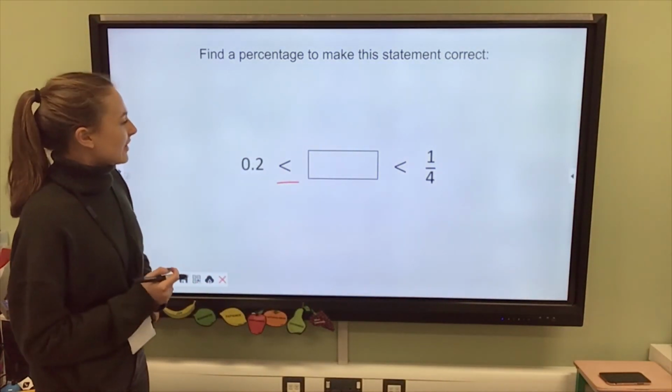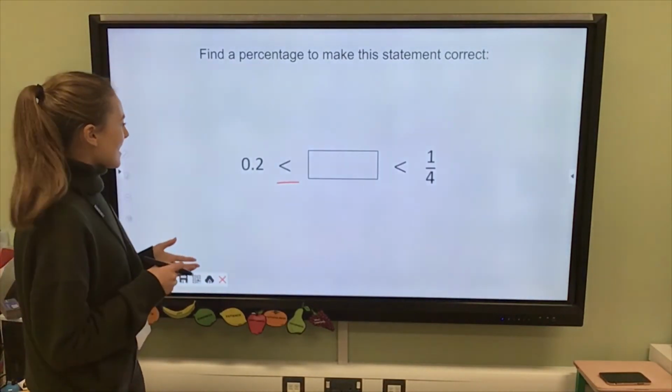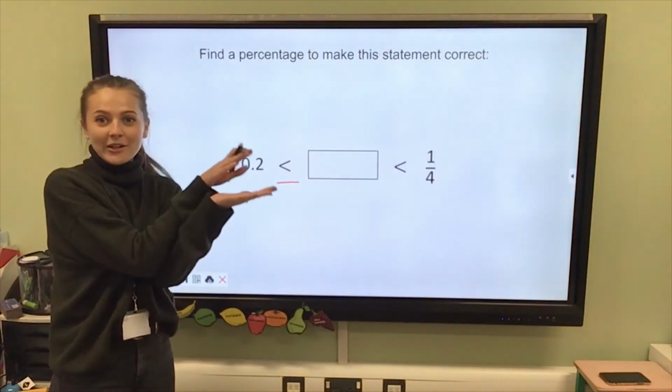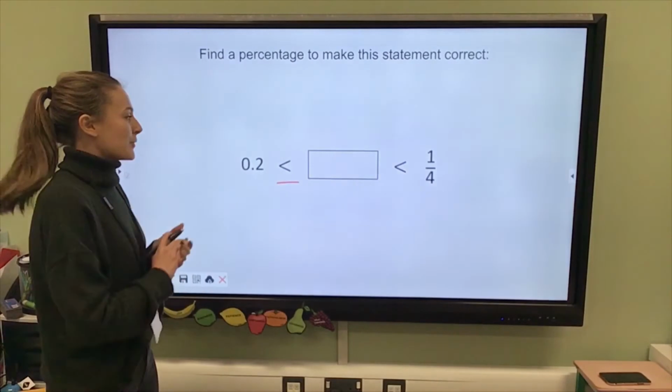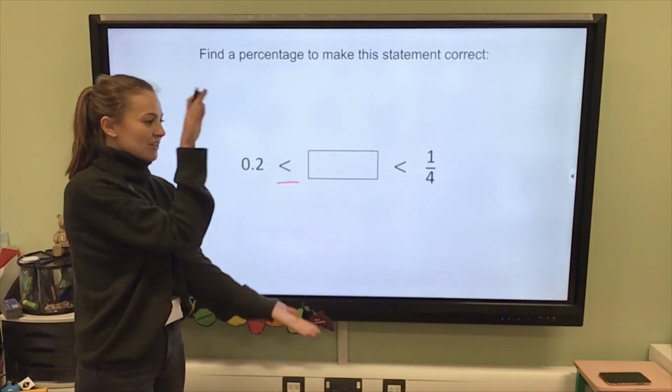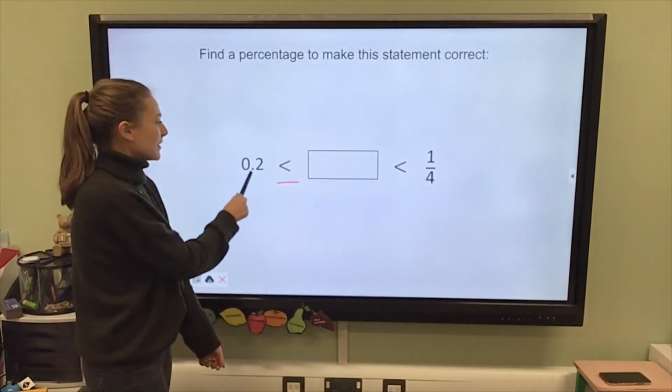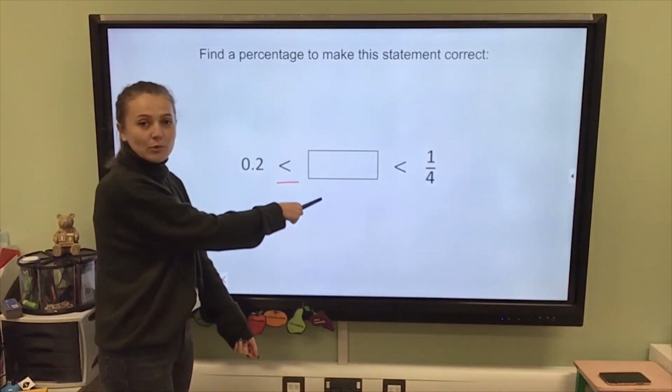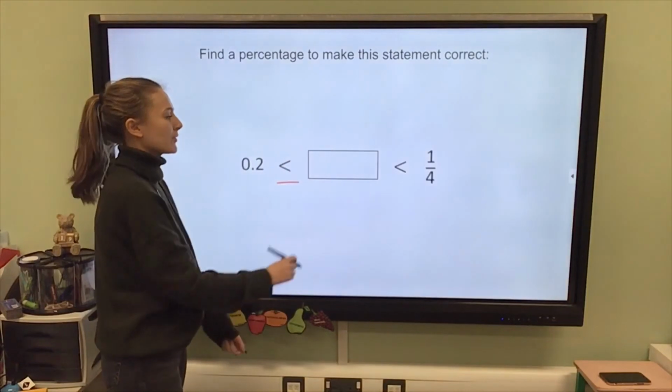I think lower down the school we might have said that the crocodile eats the bigger number. So that's always a good way to remember. In this case our crocodile is facing towards our blank number, so we know that 0.2 is definitely smaller than whatever our number is in this box.